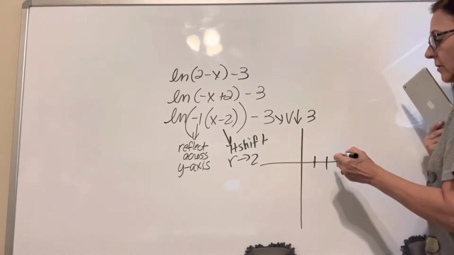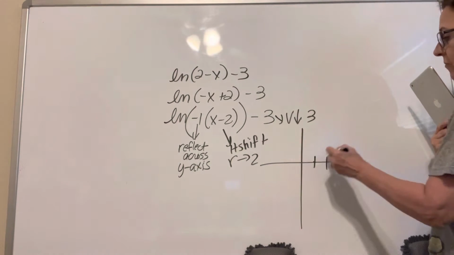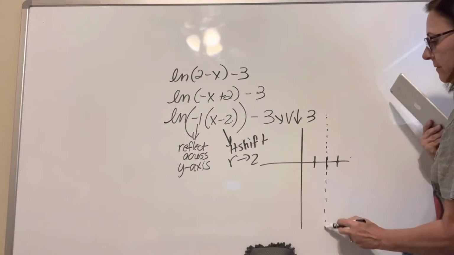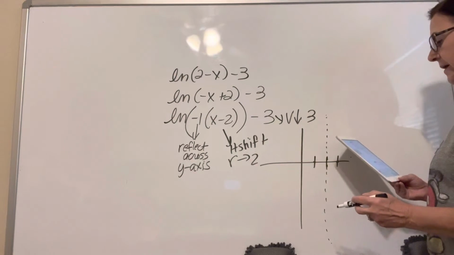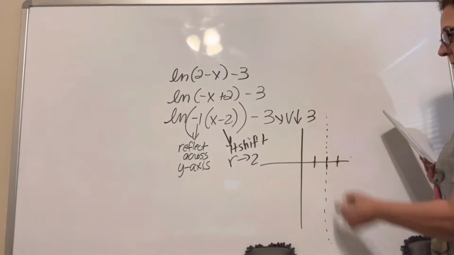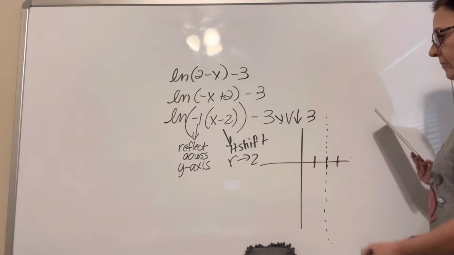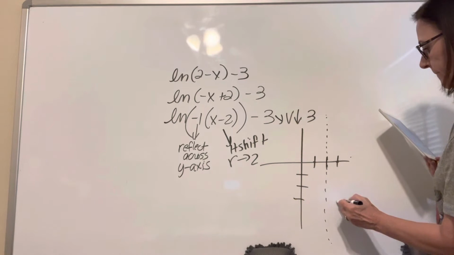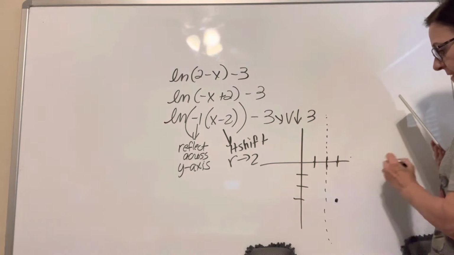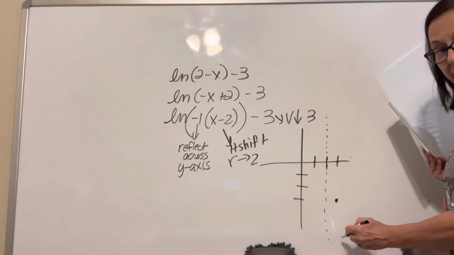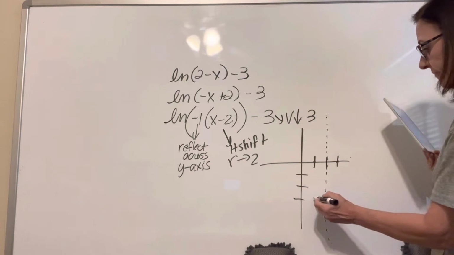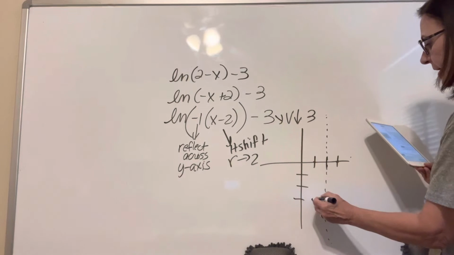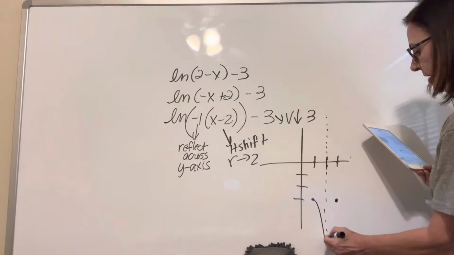All right, so now here, there is my new vertical asymptote, and down by 3. 1, 2, 3, here. But instead of opening this way, it's going to reflect over here, and it's going to open this way.